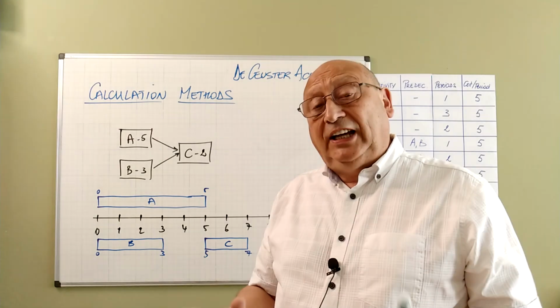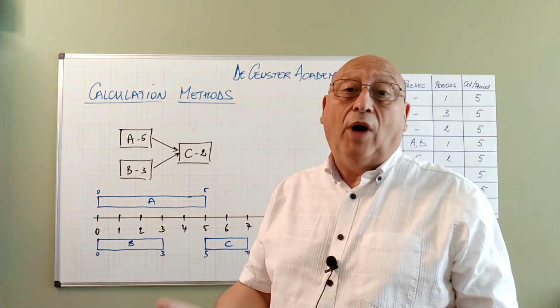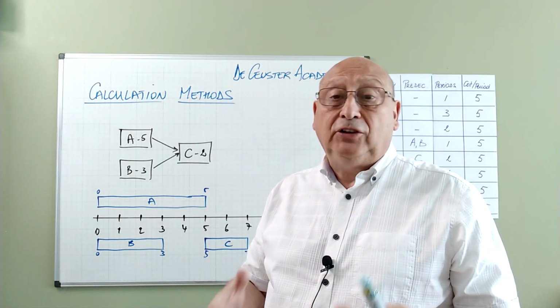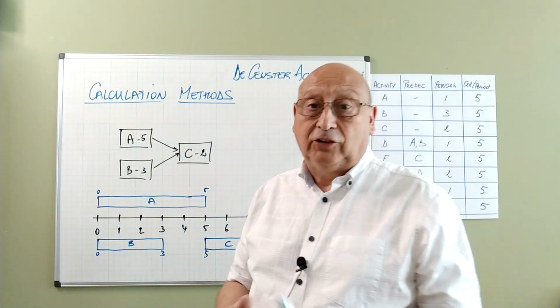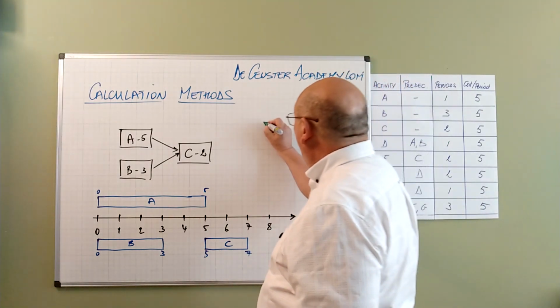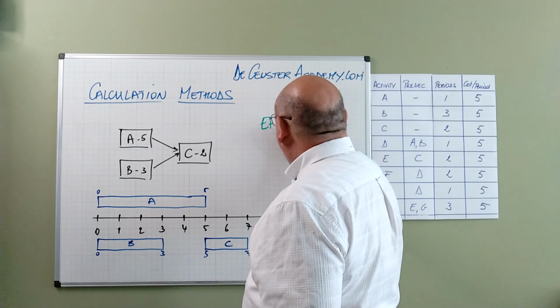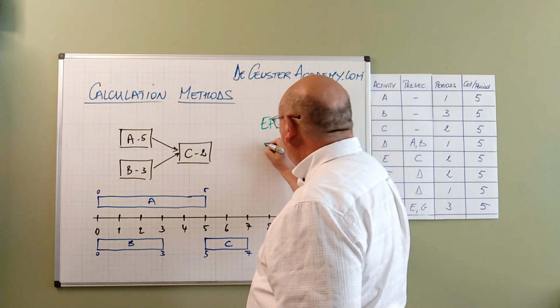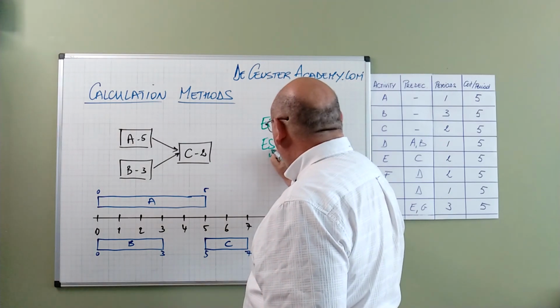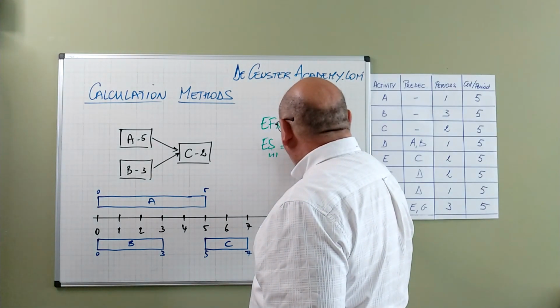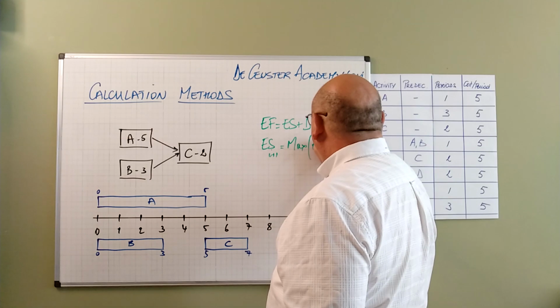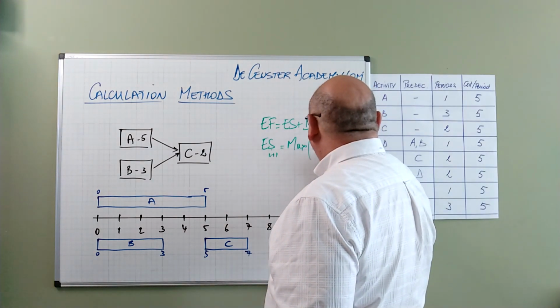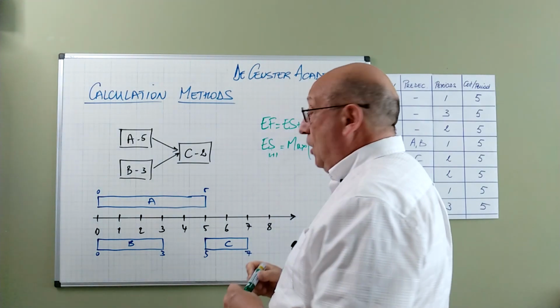The next calculation is starting from 1. This is a little bit different. The formulas are a little bit different. First of all, we have the early finish is early start plus duration minus 1, and the early start of I plus 1 is the maximum value of the early finishes of the predecessors plus 1.